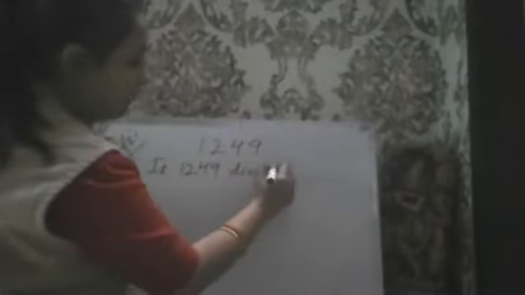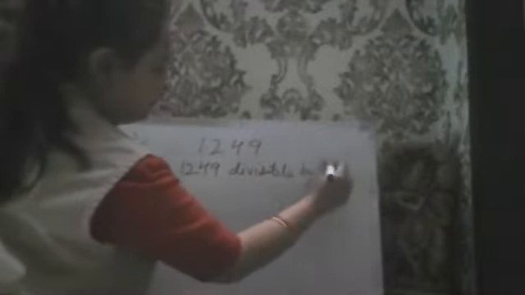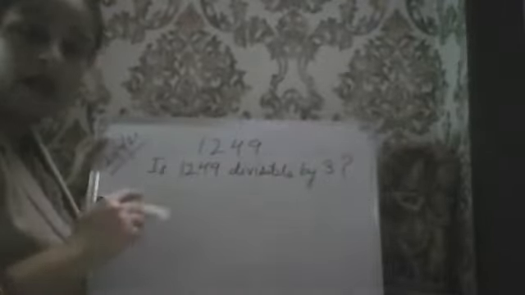I will simply check if I divide 1249 by 3, do I get any remainder or not? So is 1249 divisible by 3? If I answer this question, that will automatically give me the answer of whether 3 is a factor of 1249 or not.